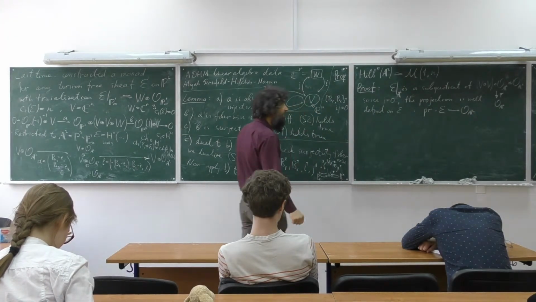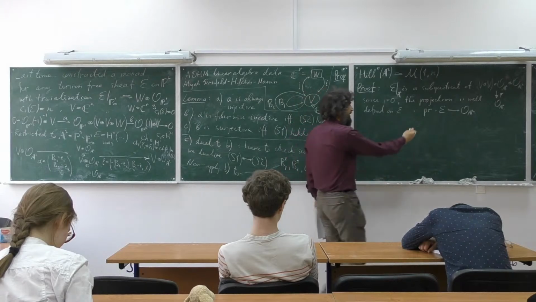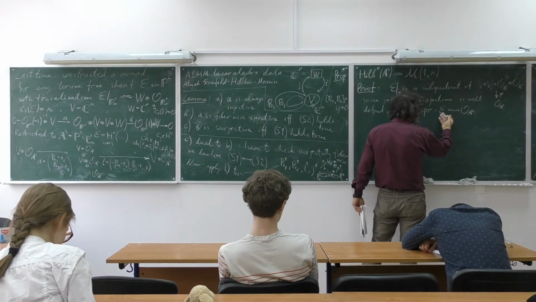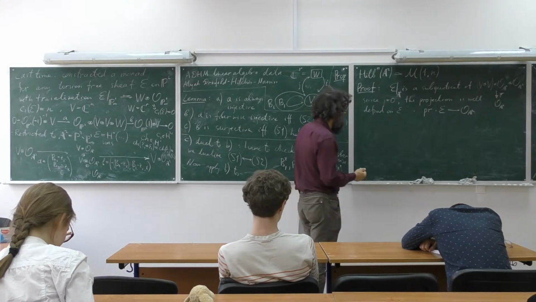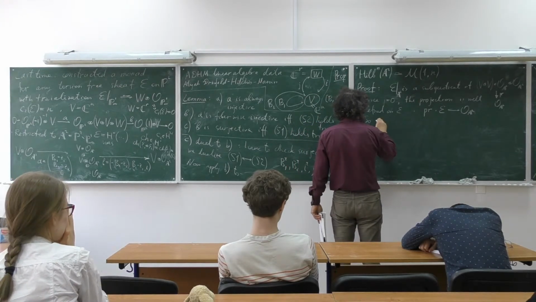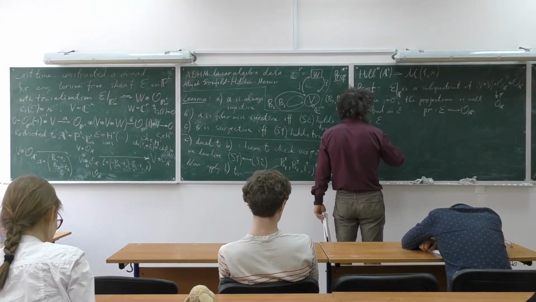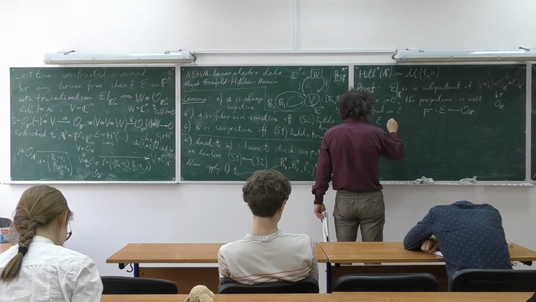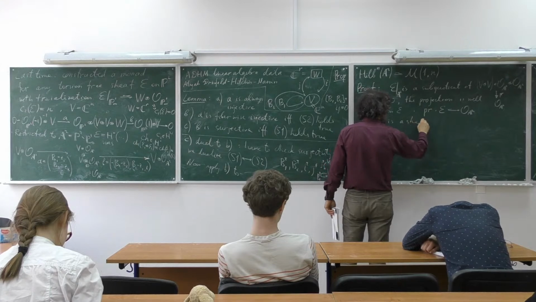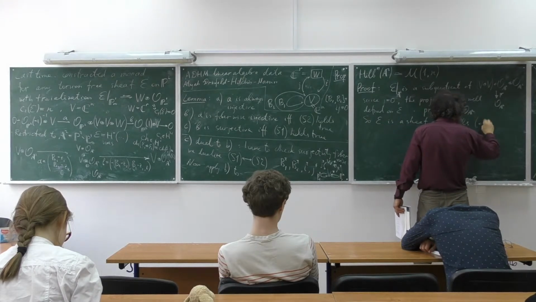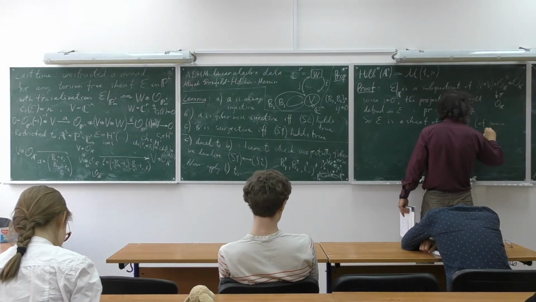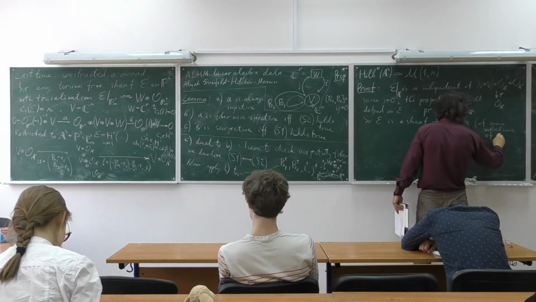So indeed, E becomes a subsheaf here, a torsion-free subsheaf. So it's necessarily a sheaf of ideals. So E is a sheaf of ideals, of some subscheme of A2.